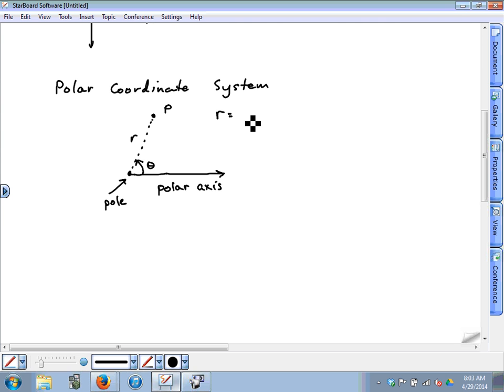So R is a distance from the pole. Theta is the angle from the polar axis.